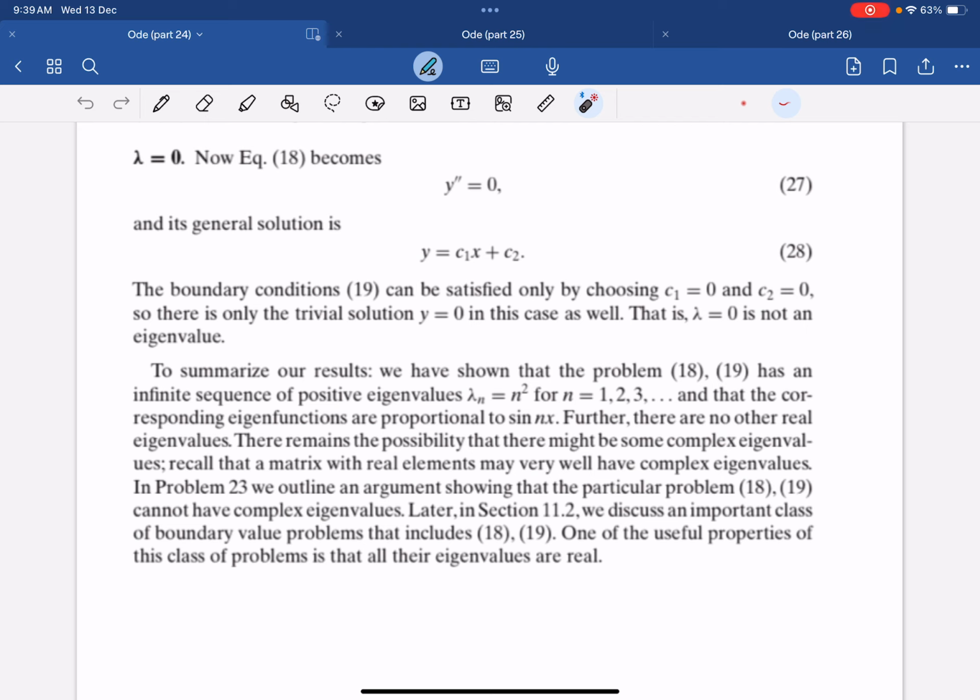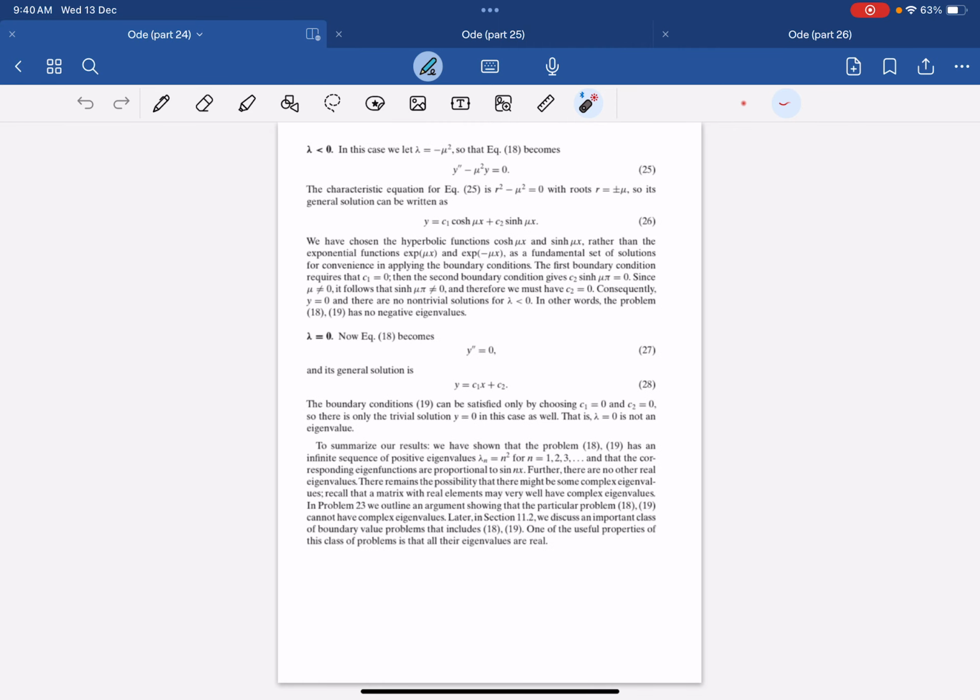However, you might be thinking that it is possible to have a complex eigenvalue, but you can actually show that this particular problem cannot have any complex eigenvalue. We'll actually discuss this later on in the video, that any class of these problems has only real eigenvalues.